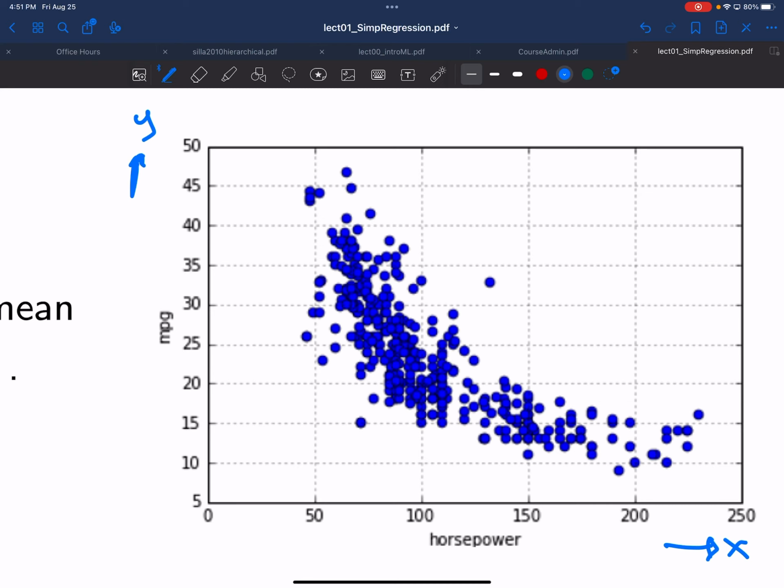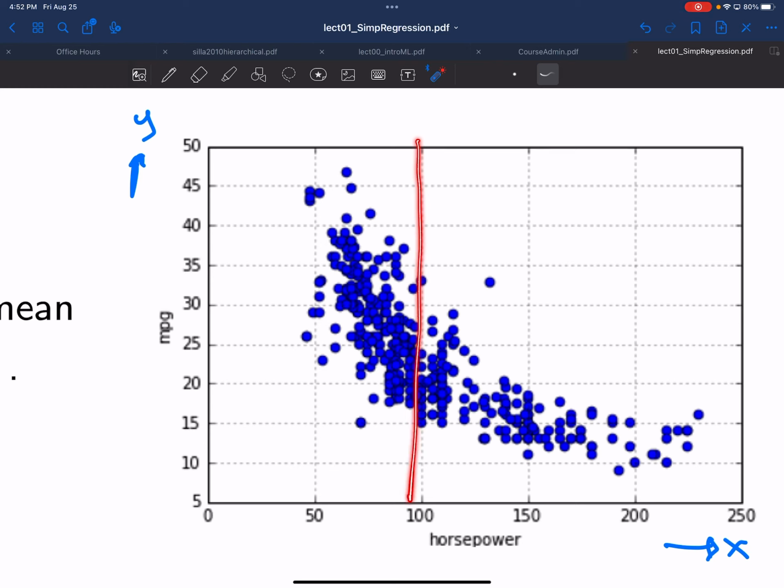What is the sample mean of X? Maybe like 100? Something like that, yeah.